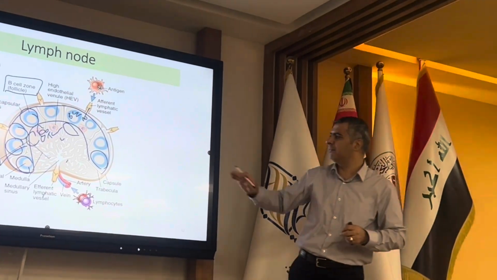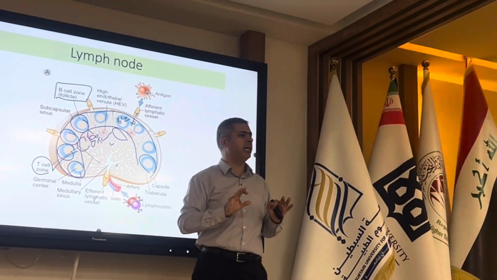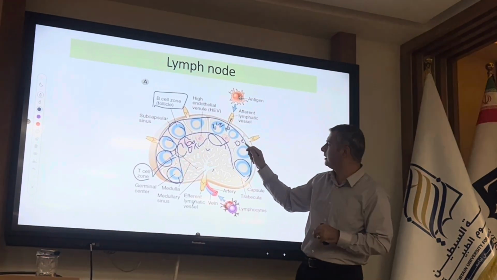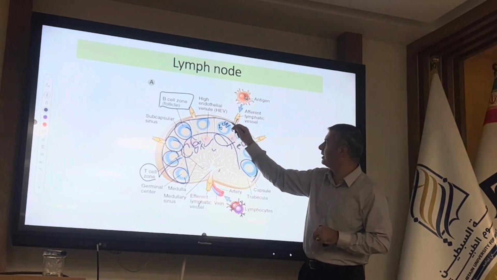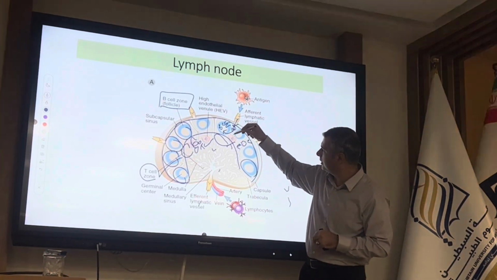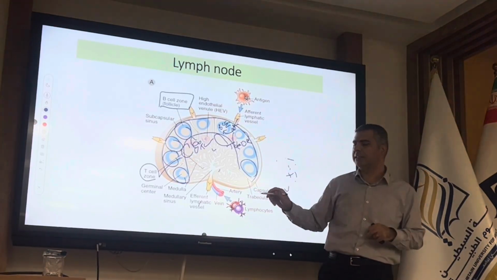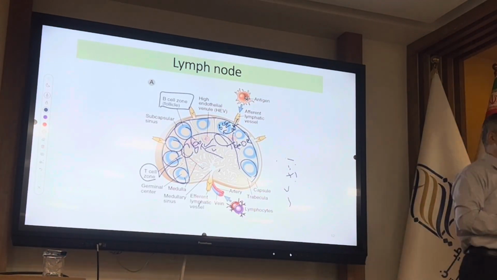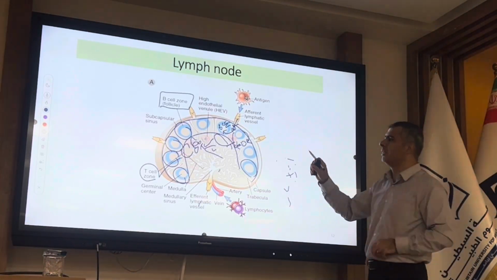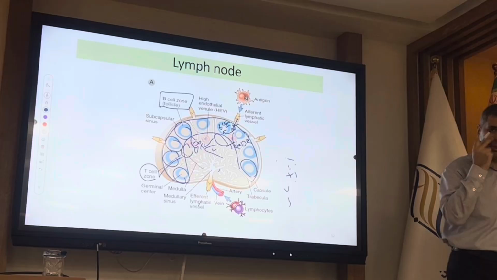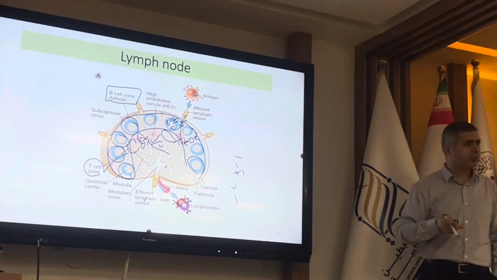So whenever we have T cells, we must have APCs beside them. If there is any antigen, they can activate B cells or T cells. The main cells of the lymph nodes are T cells, B cells, dendritic cells, and macrophages. Is that clear or not?